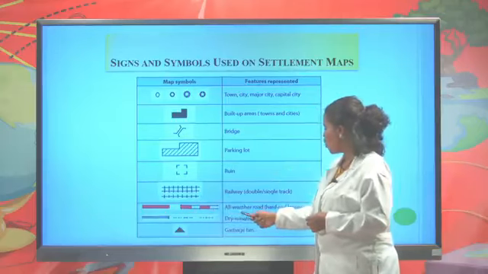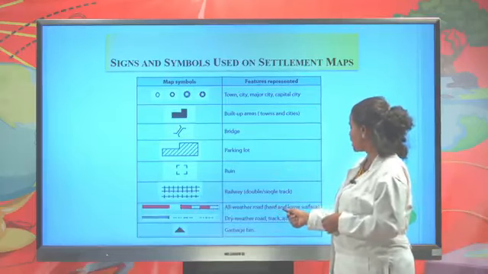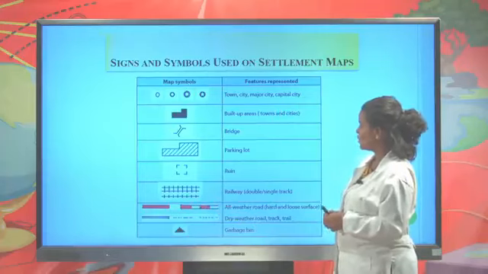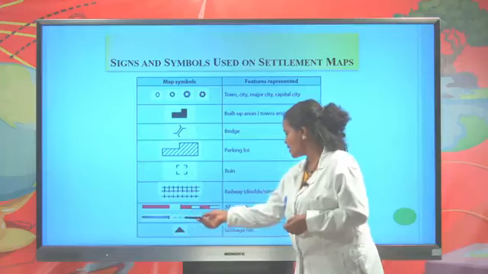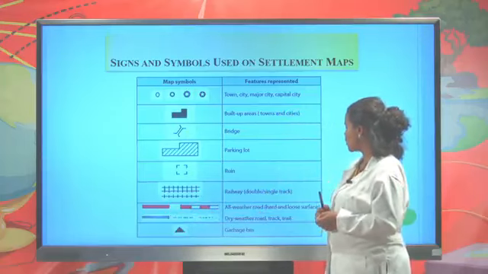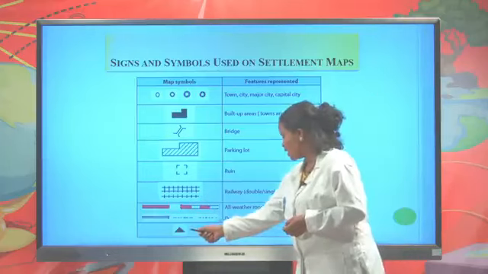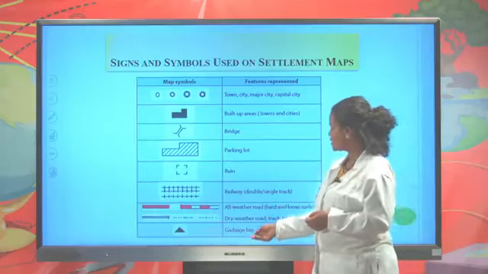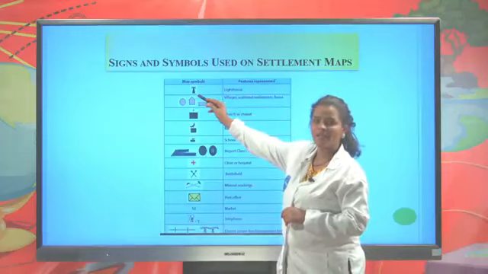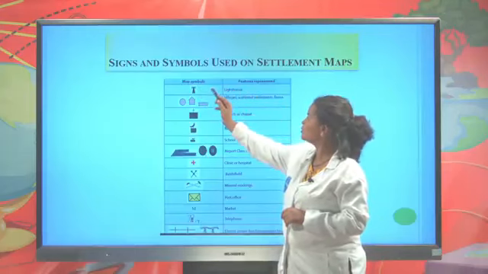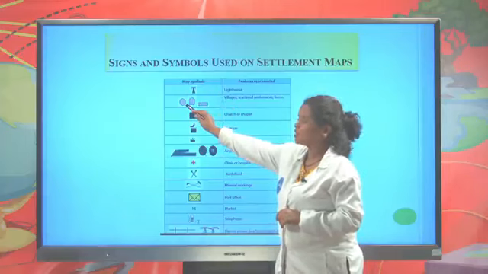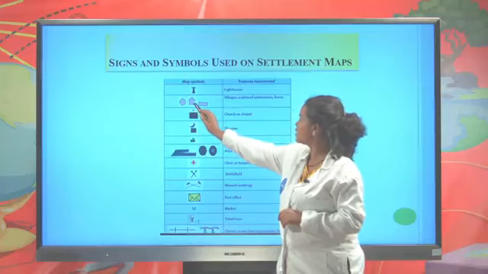This symbol is an all-weather road, hard and loose surface. If you see this kind of symbol, it shows a dry weather road, track, and railway. This symbol represents a garbage bin. Lighthouse is represented by this symbol. Village, this symbol represents village.